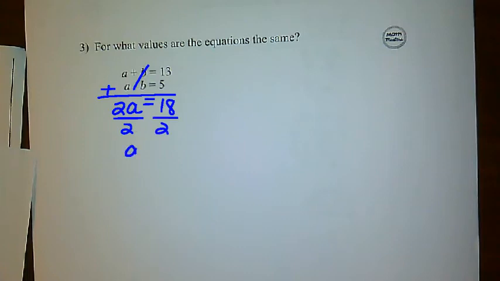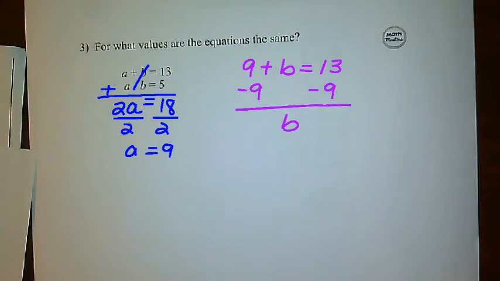Divide both sides by 2, so A equals 9. So 9 plus B equals 13. Sure, so you could just do that in your head. So B equals 4. So my final answer is 9, 4.